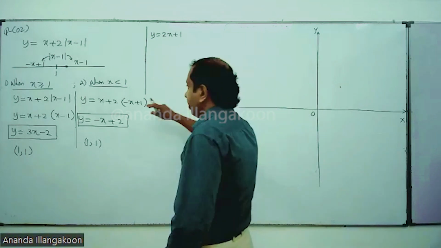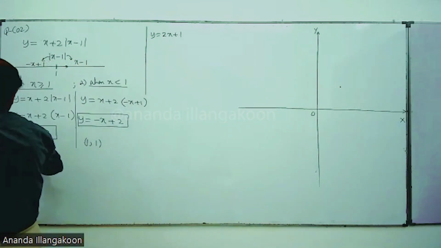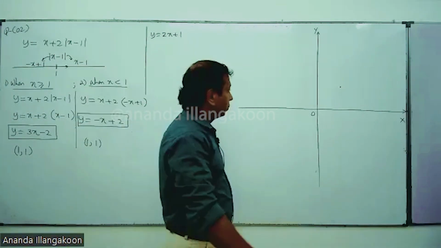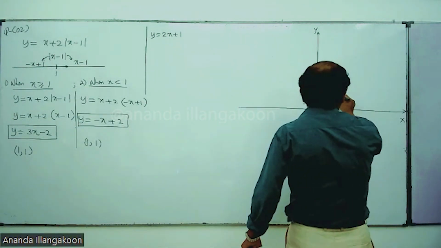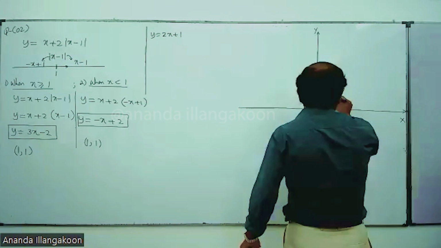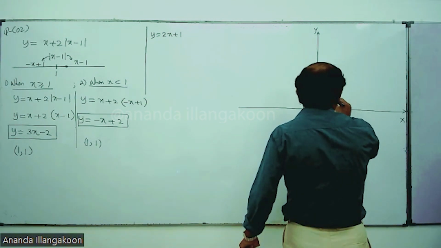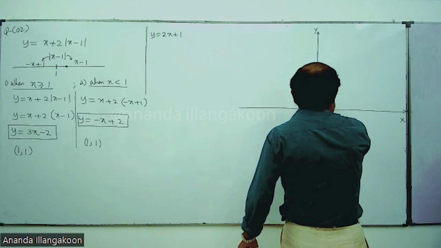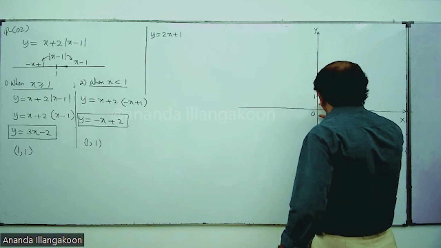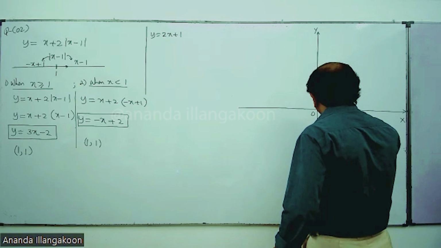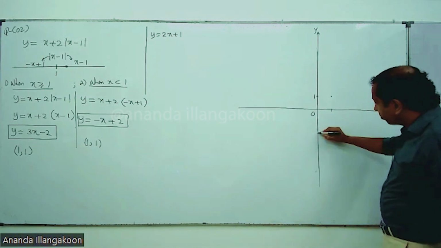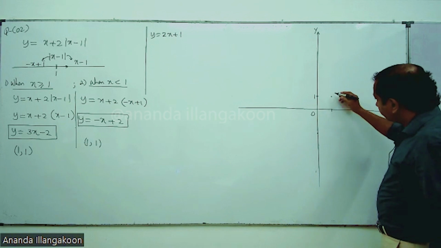This graph, when x is greater than or equal to 1, one point is 1, 1, other point having intercept minus 2. Minus 2 here. Then the graph passes through this point and this point.